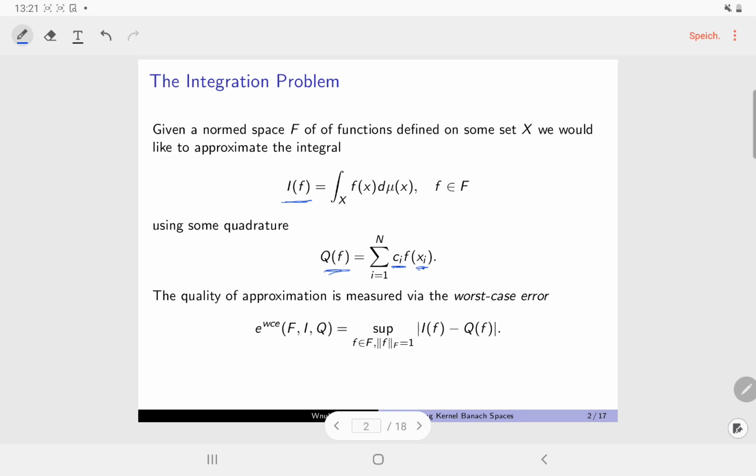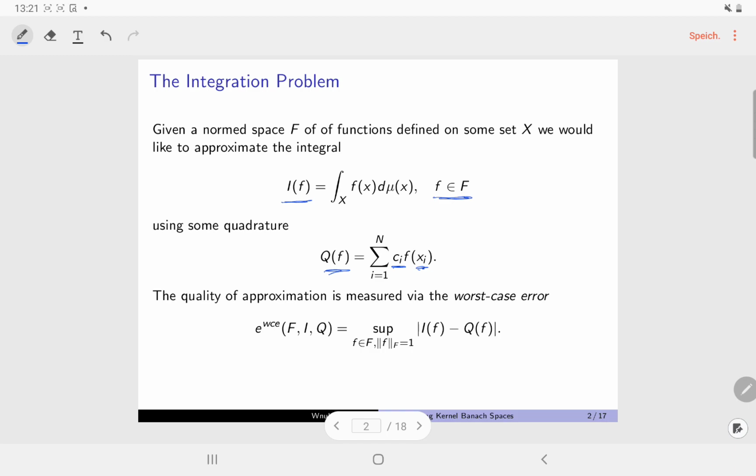To be able to perform a theoretical analysis of such an algorithm, we need to impose some conditions on input f. And what we do is we require that f comes from some fixed normed space of functions capital F.